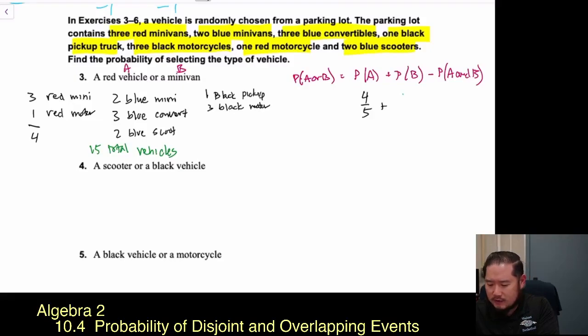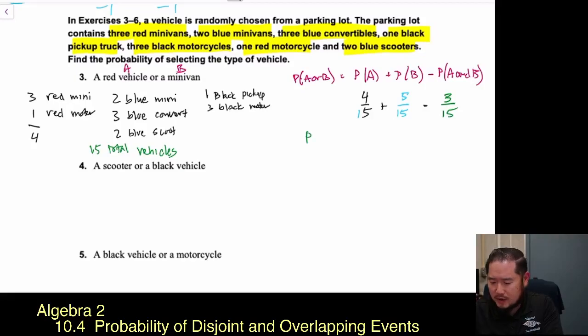So I'll put 5 over 15. There is the overlap of events: there are 3 red minivans that are also red. So we need to subtract that amount right here, and we're going to subtract 3 out of 15.